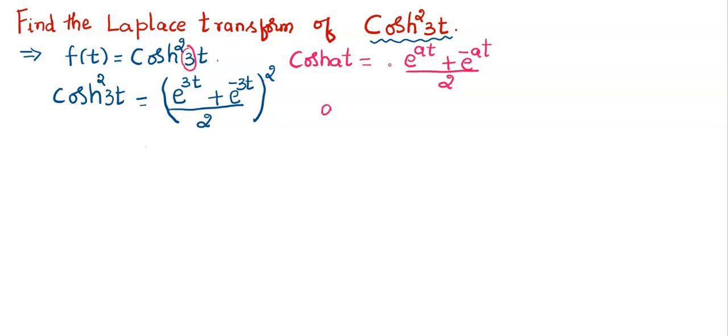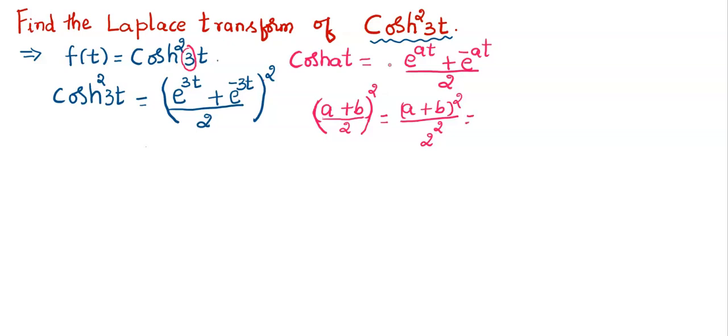Here it looks like a plus b whole square divided by 2. The square belongs to both numerator as well as denominator. According to the law of indices, we can write a plus b whole square divided by 2 square.